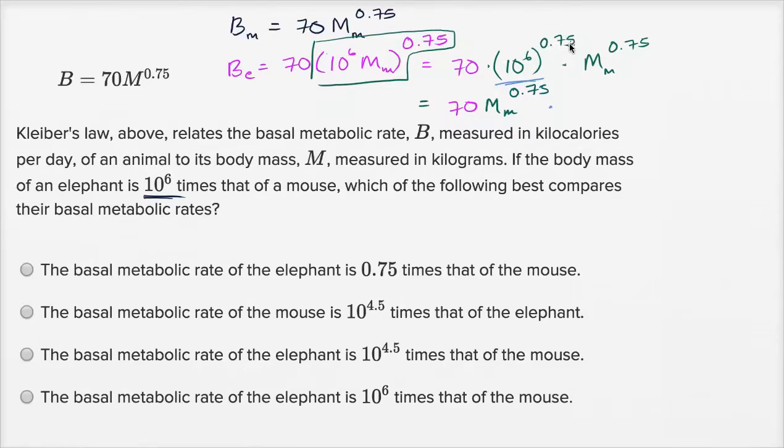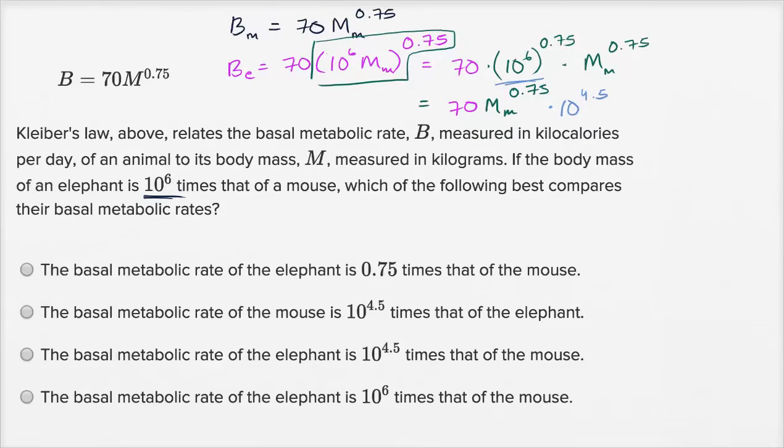That is going to be 4.5. One way to think about it, that's 3/4 of 6. So 0.75 is 3/4. So 6 times 3 over 4 is 18 over 4, which is the same thing as 4.5. So raising 10 to the 6th power and then raising that to the 0.75 is the same thing as raising 10 to the 4.5 power.